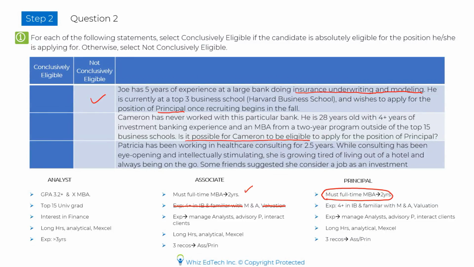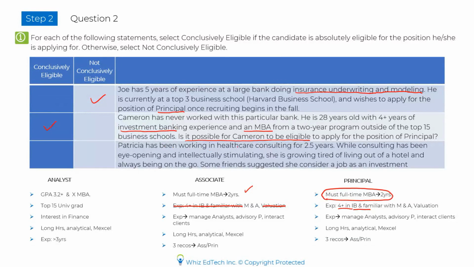So he's got an MBA. He's got experience in investment banking. All right. So here, not 4+, sorry, just give me 1 minute. All right. So definitely this is conclusively eligible.